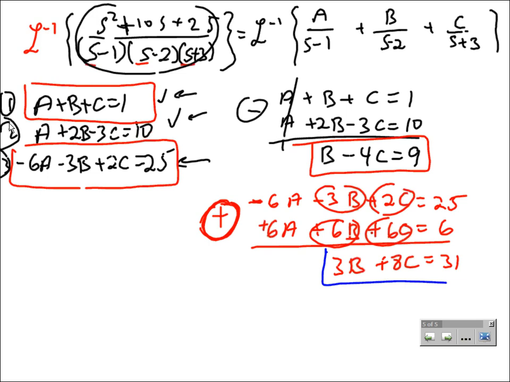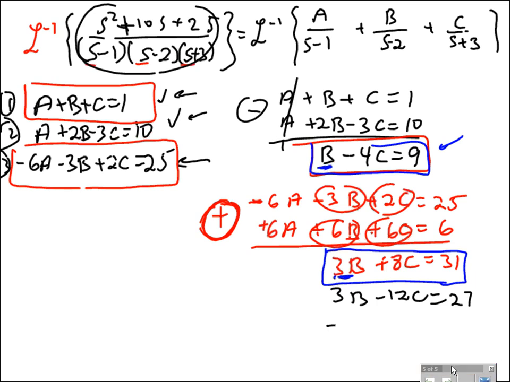Okay. So now, using this equation and this equation, I'm going to solve for b and c. Since this is 1b, I'll try to get rid of the b's. That's 3b's. If I triple this equation, I'll get 3b's minus 12c's is equal to 27. And now I subtract.